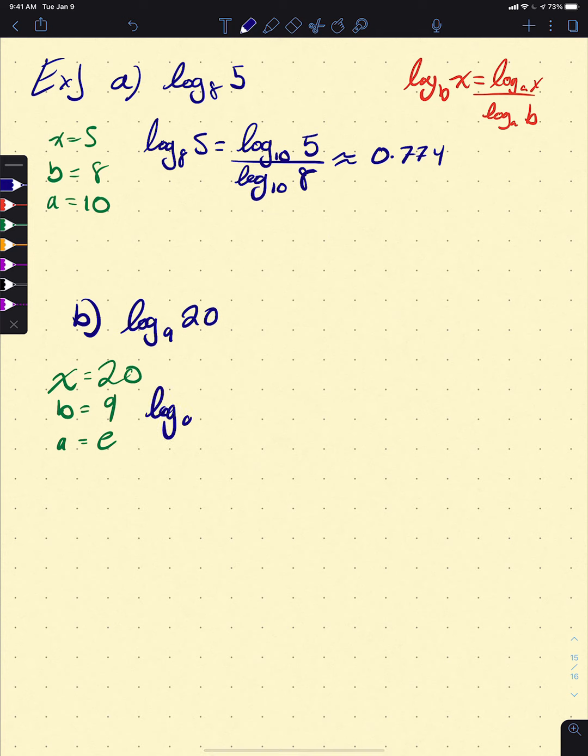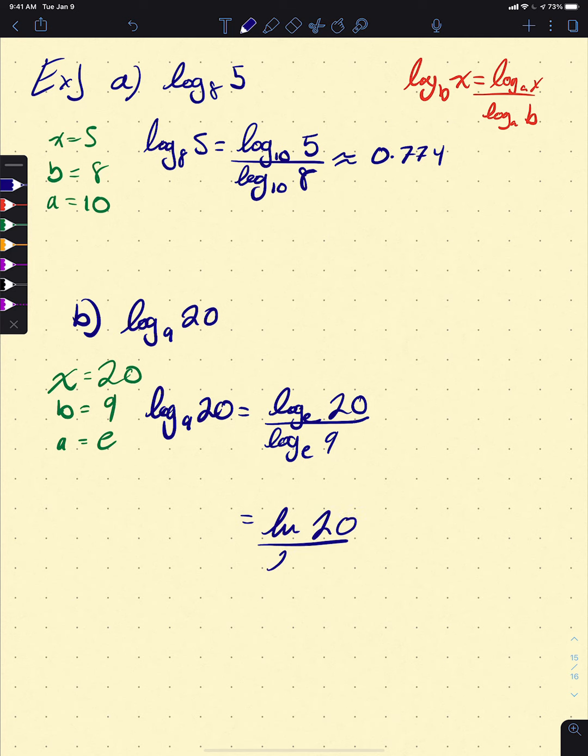So let's work this out. We have log base 9 of 20. That's going to be the log in my new base of the value I'm looking for, in this case 20, divided by the log in my new base of our old base. Thankfully, we have a nicer notation for these natural logs: ln of 20 divided by ln of 9.